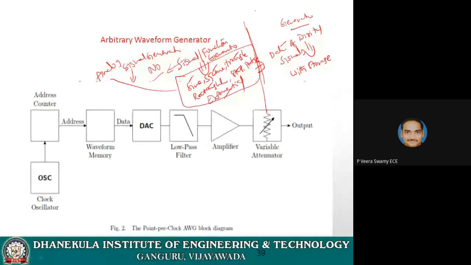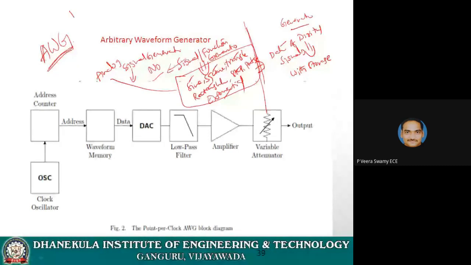Such types of generators are nothing but arbitrary waveform generators, simply called AWG, with the short name AWG.